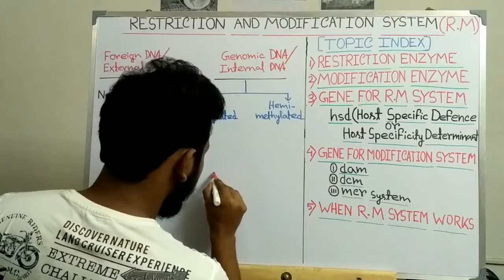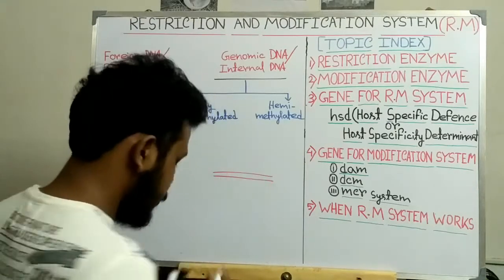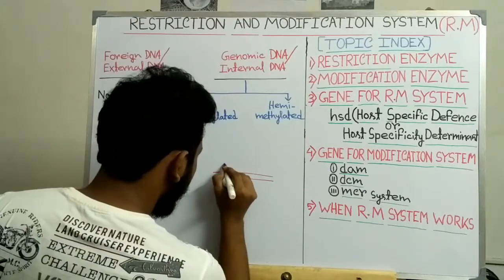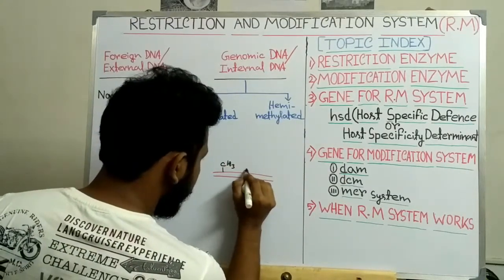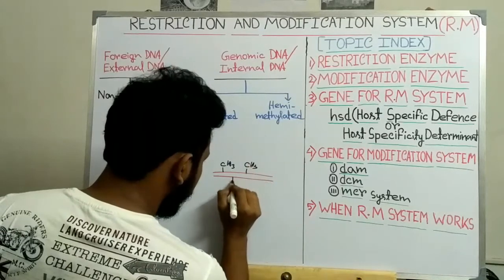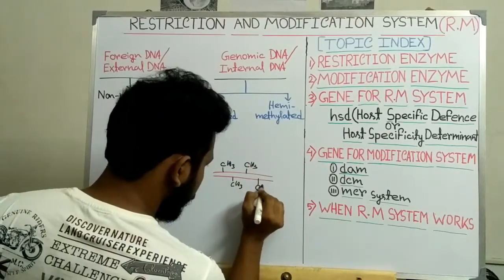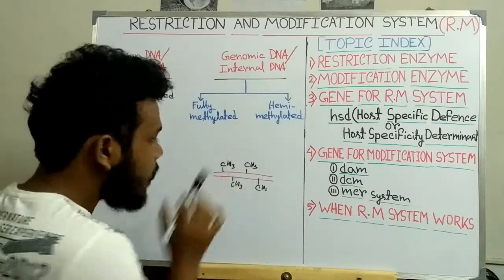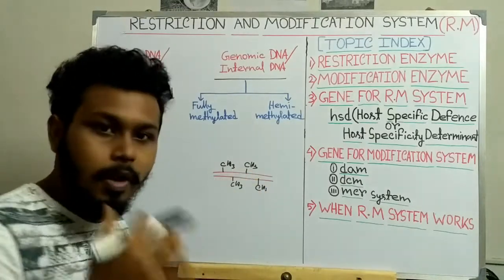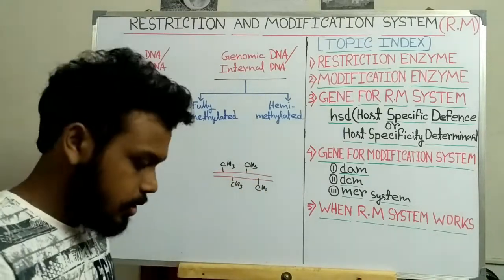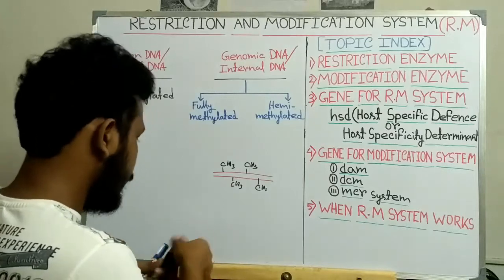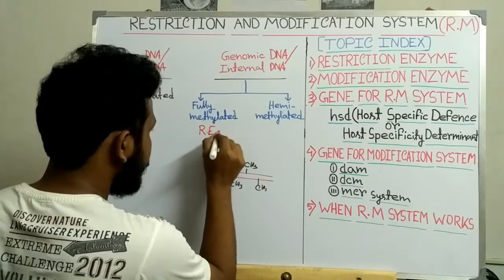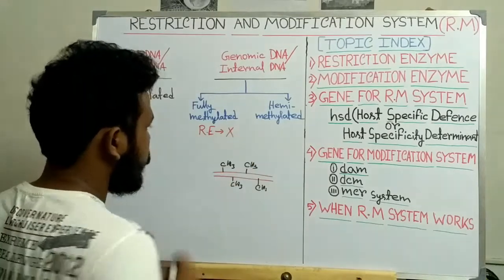Okay, so suppose this is a DNA duplex and methylation is present in both DNA strands. Okay, so now when the restriction enzyme comes and encounters that both the DNA strands are modified, it cannot work. So in this case, in fully methylated form, the restriction enzyme does not work.